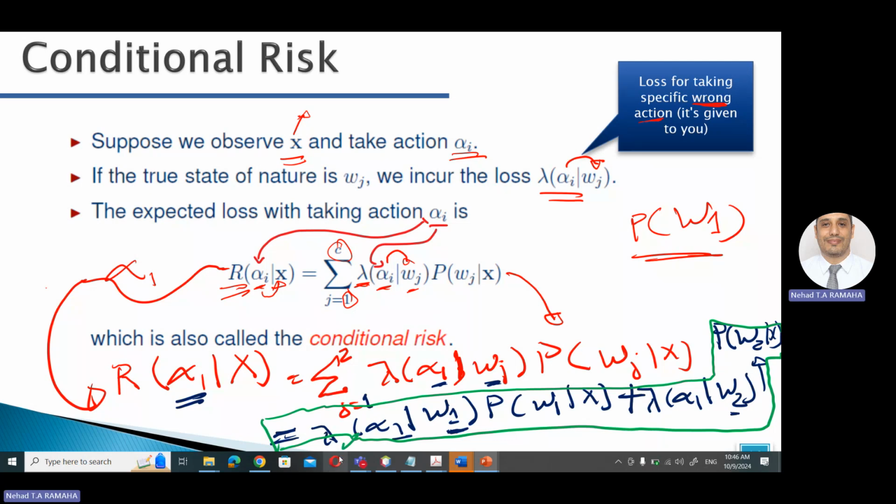We said it's given to you because it's the loss when you select a specific class. Probability of W1 given X, what's this one? It's the posterior probability, yes? A class given specific features.